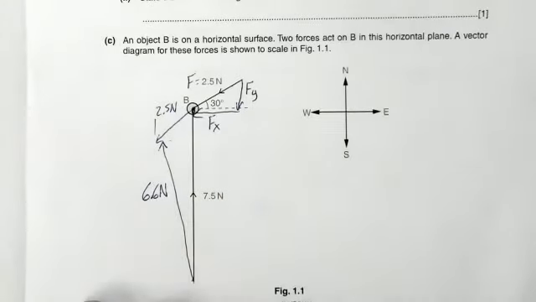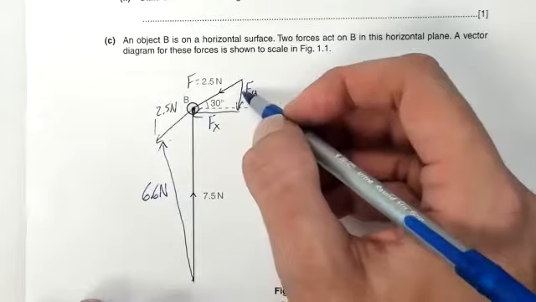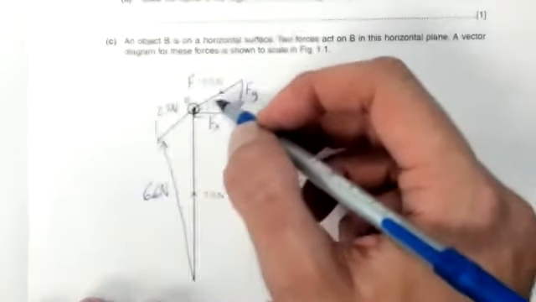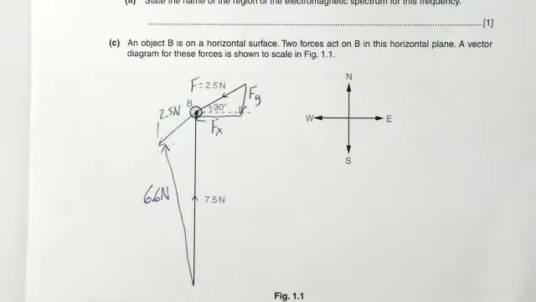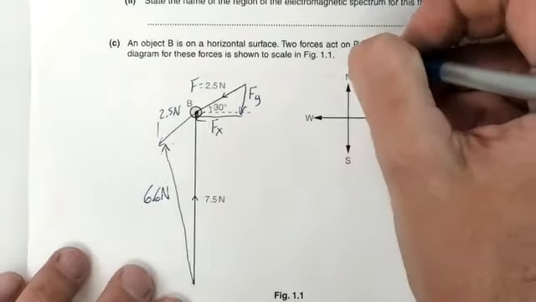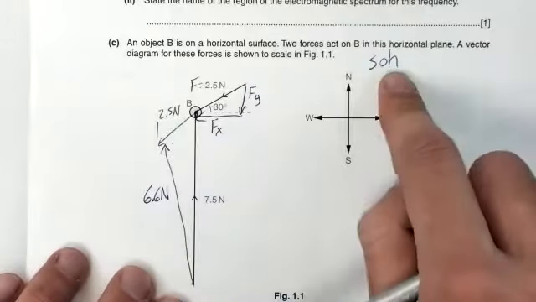Now we're going to use some trig. Start with the y component. Everybody should be able to look at this and see it's opposite this 30-degree angle. We know the hypotenuse is 2.5. The function that relates opposite and hypotenuse is sine.